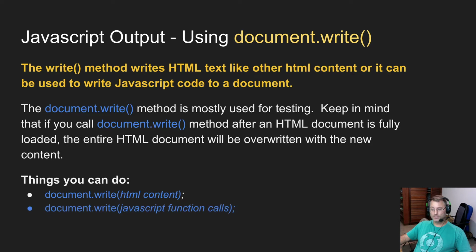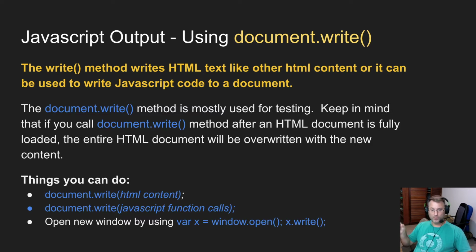You can write JavaScript function calls, and you can open up a new window by using, for example, here we're saying var x is the variable, window.open, and we're assigning that new window that was opened, and then we're writing content to it. So you could open up a new window and write new content to that page.